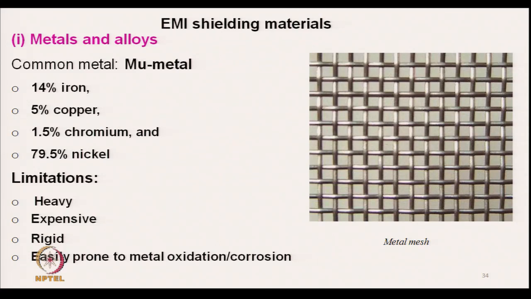There are different types of materials available for shielding of electromagnetic radiation. A very common material is metals and alloys.